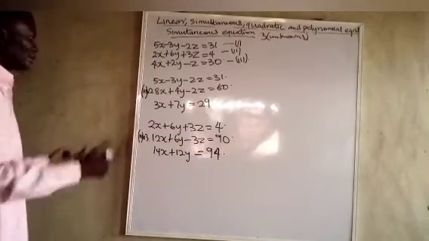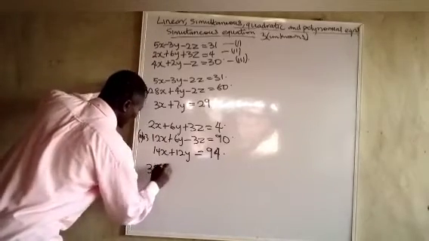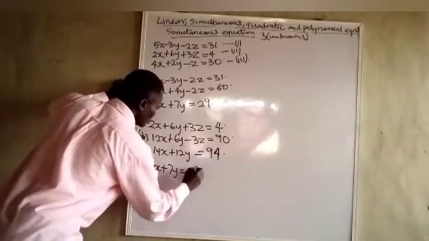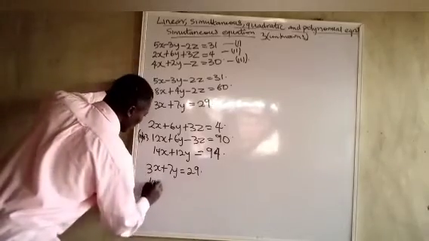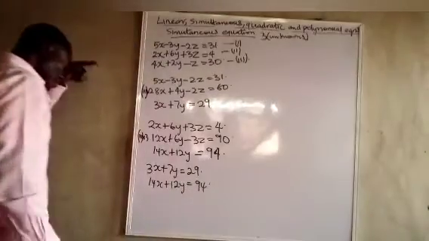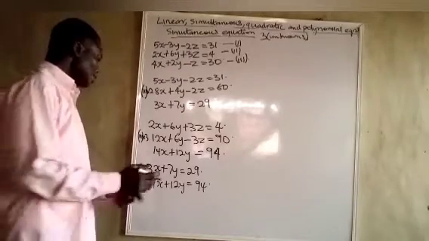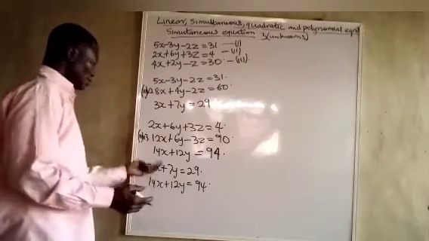I can now use either the elimination or substitution method. Let me bring them down. I can now say 3x plus 7y is equal to 29, and 14x plus 12y is equal to 94. Now, for ease, let me just use the substitution method.